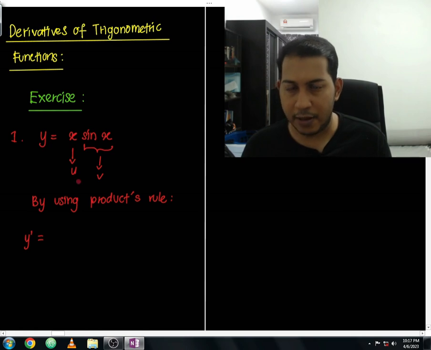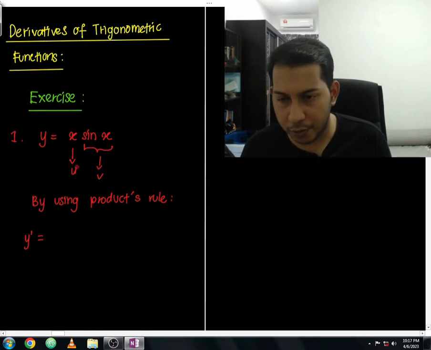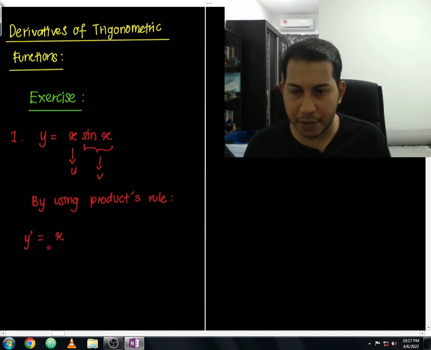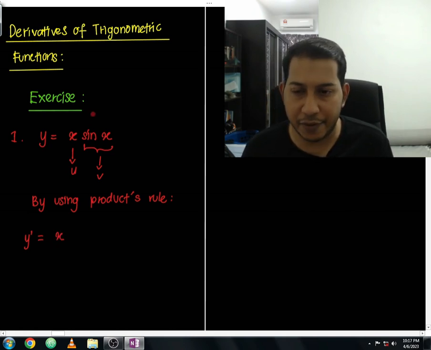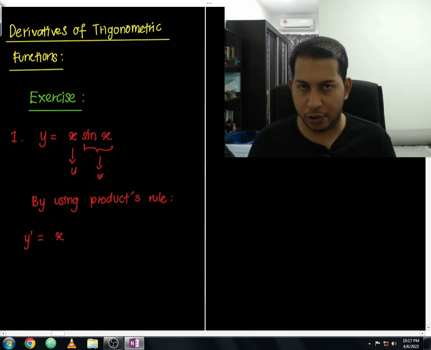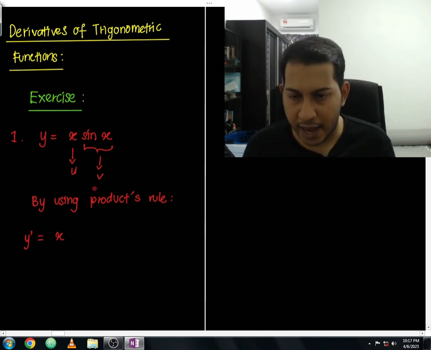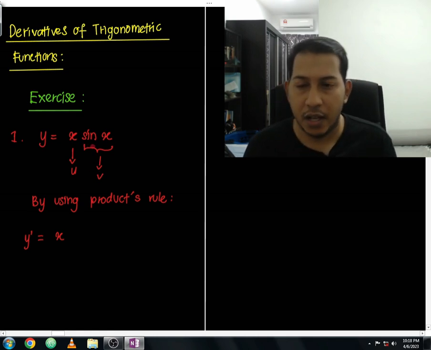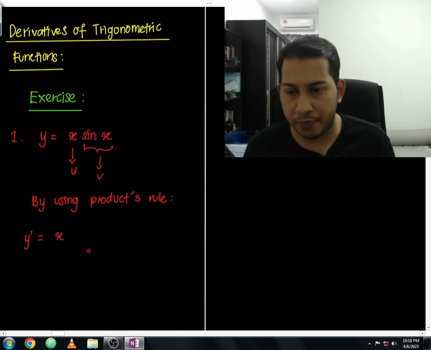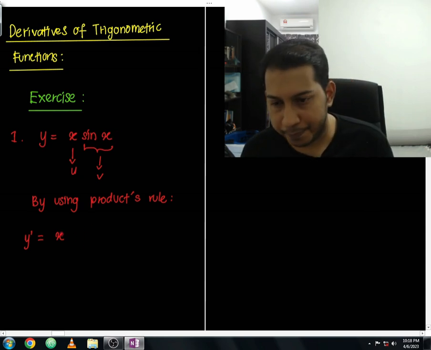So let us start with letter u. From here u, which in this case is x, times dv over dx, which means the differentiation of v with respect to x. So what we have in the v here is sine x. You differentiate sine x, you get cos x.